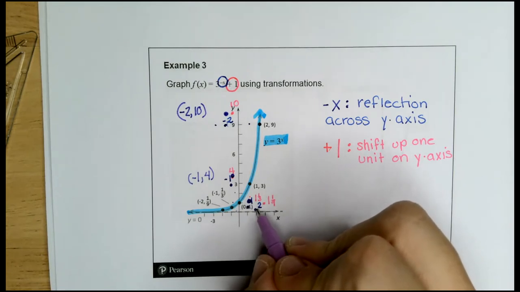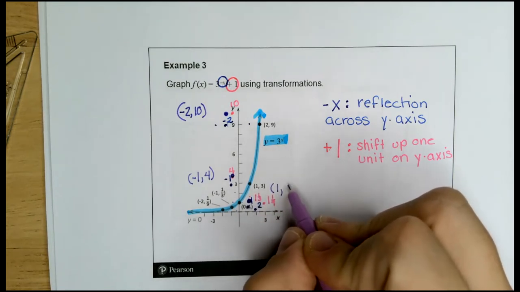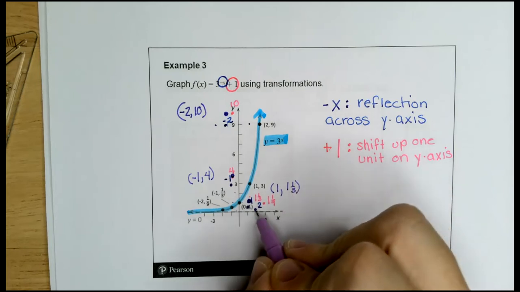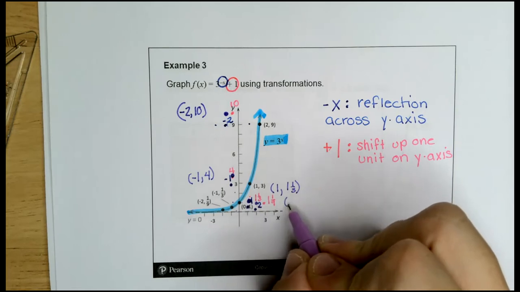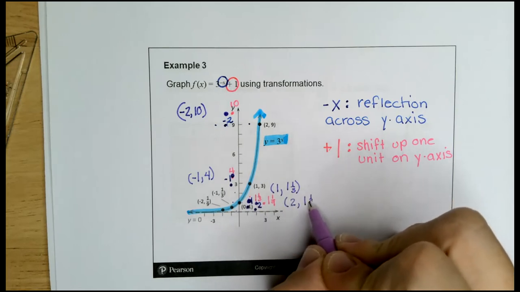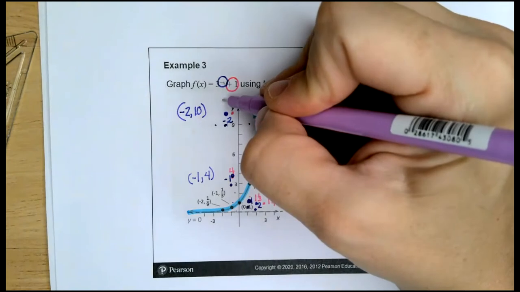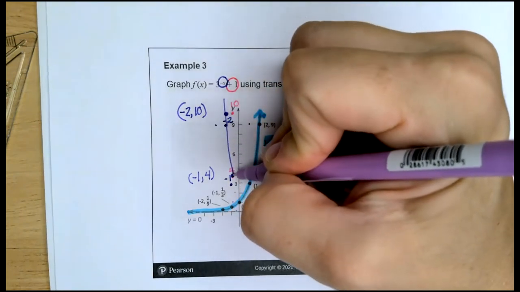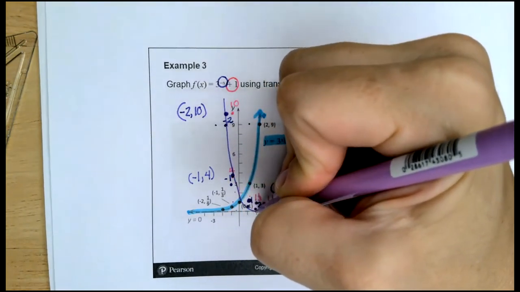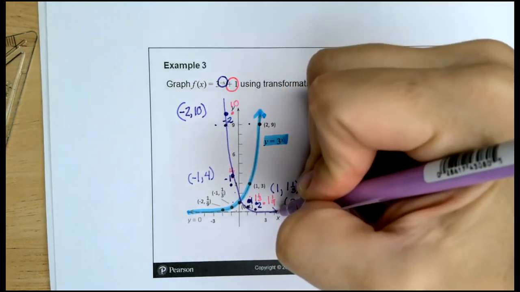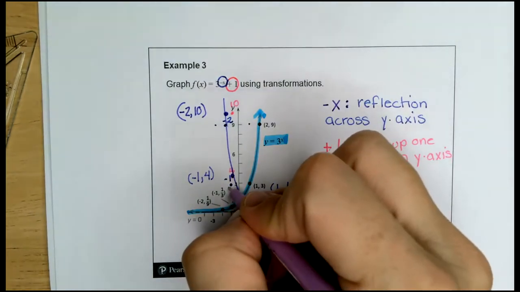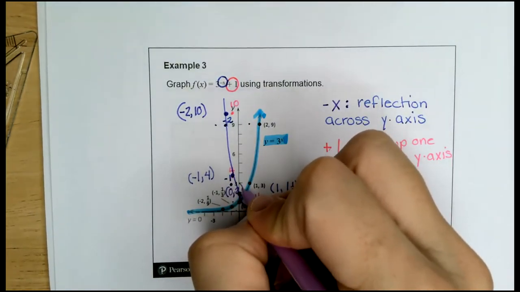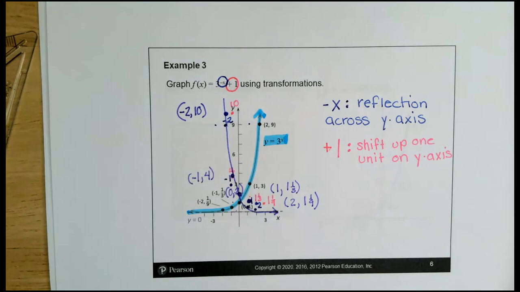Here I have a +2, 1 1/9. Oh, sorry, that goes to 2. We have a 0, 2, because we moved it up 1. So that is my new graph.